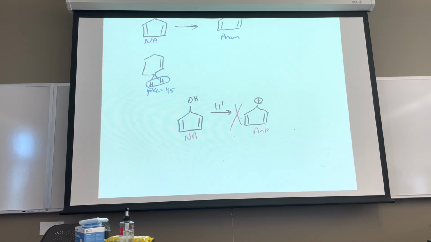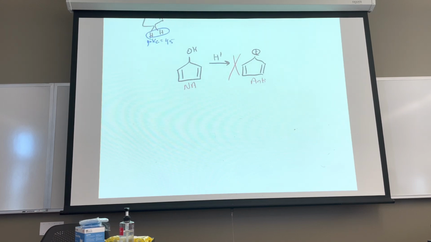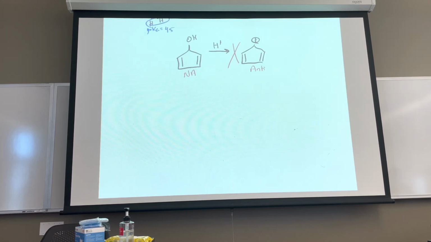So far, when we've been looking at these aromaticity concepts, we've been focusing on carbocycles, meaning cyclic compounds of carbon. And we can extend that to heterocycles as well. So let's look at one of the more common heterocycles.